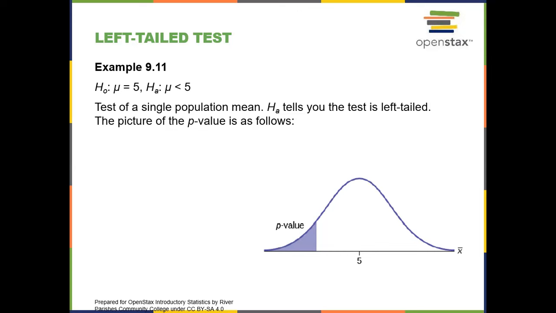The highlighted area is the area to the left of the test statistic, which is given by that vertical line meeting the horizontal axis. So it's a left-tail test because the alternate hypothesis is less than.